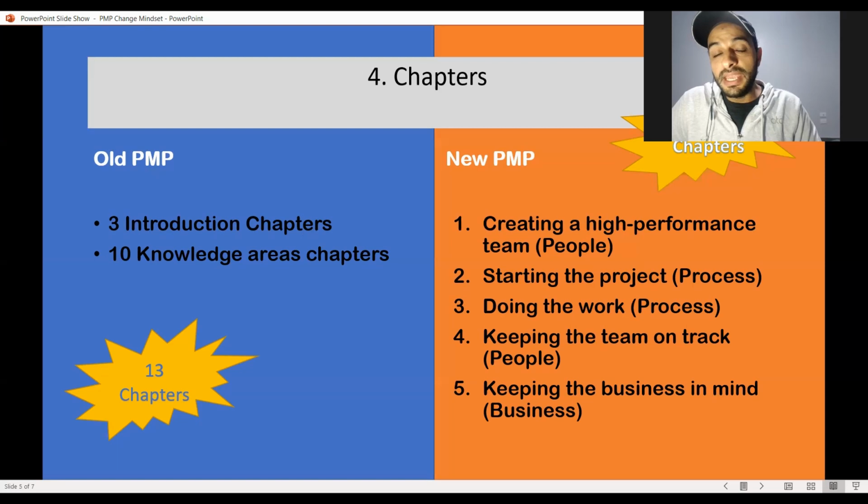These 5 chapters are based on the 3 domains: people, business environment, and process. These 3 domains contain 5 chapters.